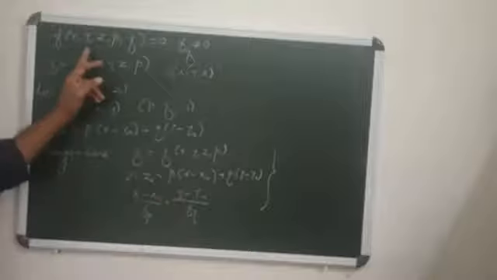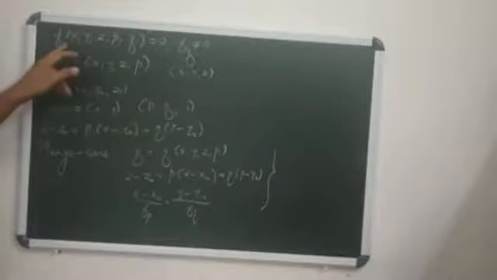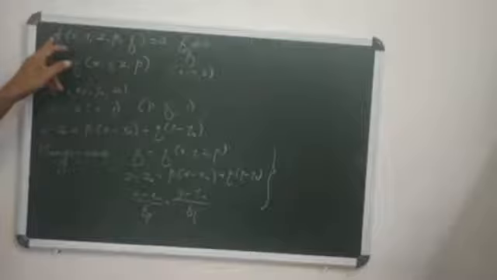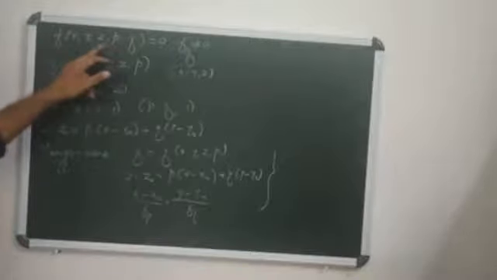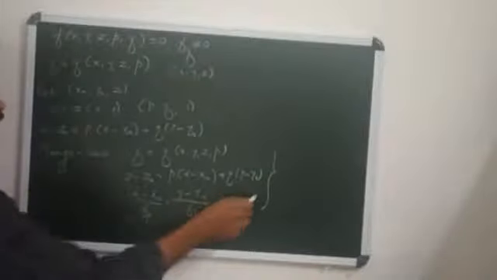This is obtained by differentiating f(x, y, z, p, q) = 0 with respect to p. Here df by dp equals 0 means fp plus fq into dq by dp equals 0. Okay, so the Monge cone equations are these.